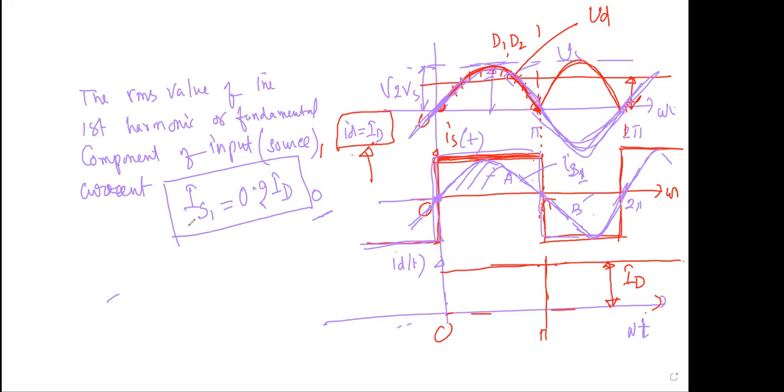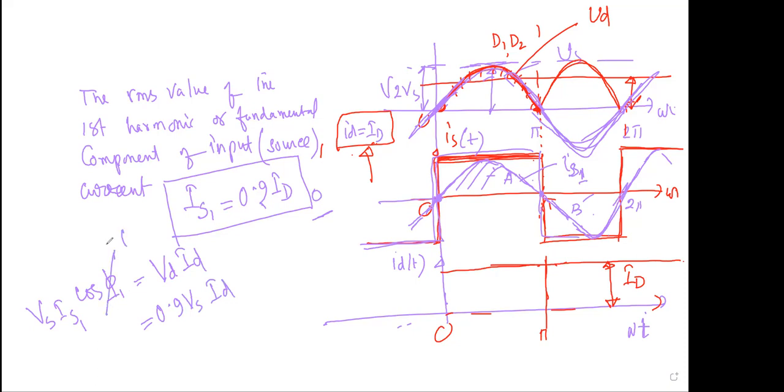You are not saying anything, then how can I know? Sir, how is it 0.9 ID? Input power was VS IS1 cosine of phi 1. Did I derive it? Yes, sir. Output was VD ID. VD is equal to 0.9 VS, and this is your ID.